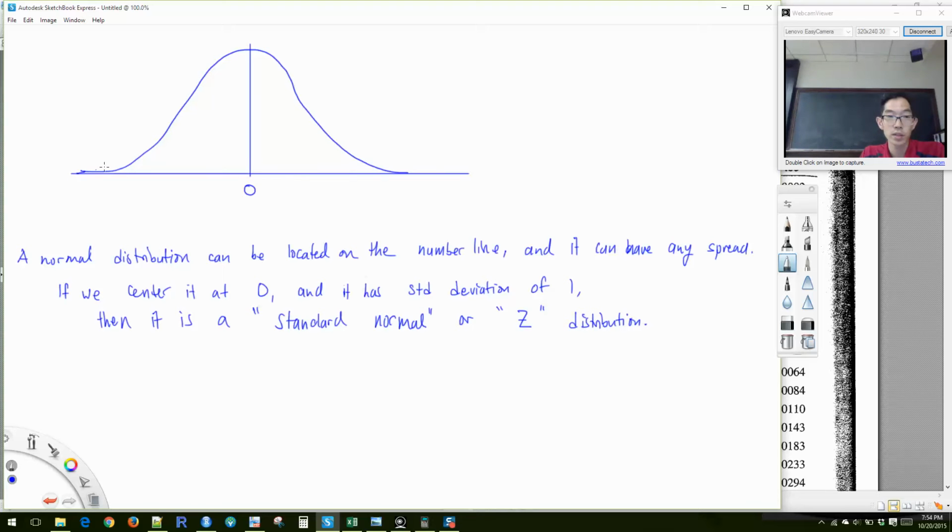And the way we use the table, okay, is that if we look up the number 0 in the table, 0.00, what the table will tell us is the area that is shaded to the left. It says if you draw a vertical line at 0.00 and you shade everything to the left, how much will we have shaded?